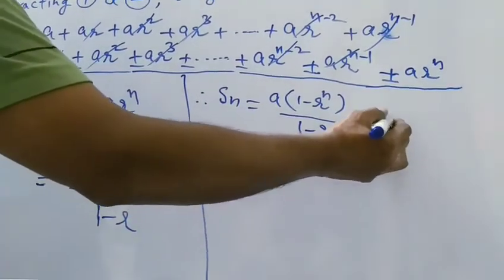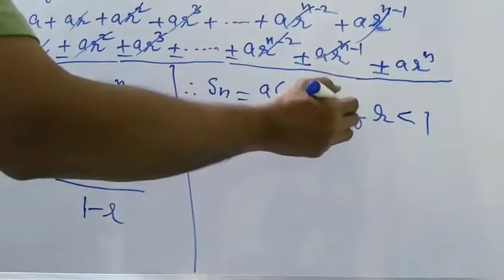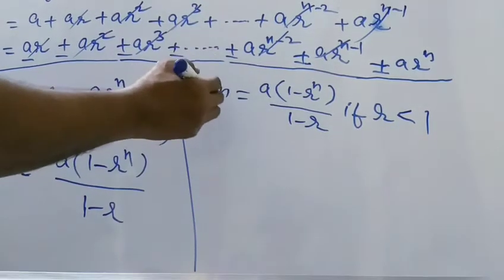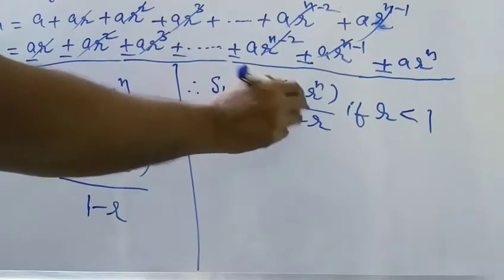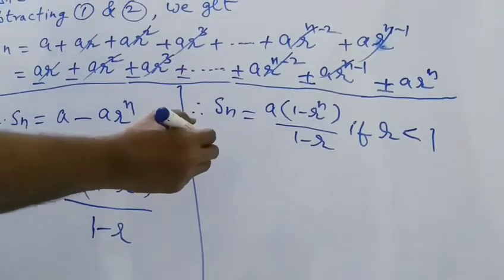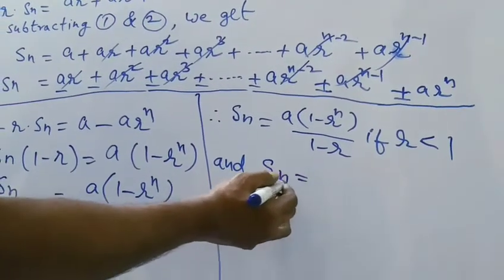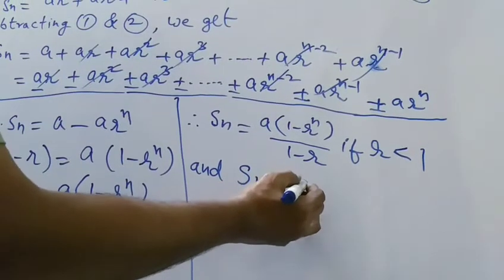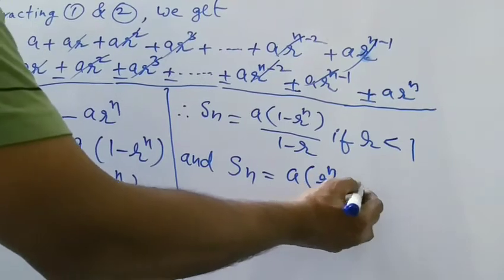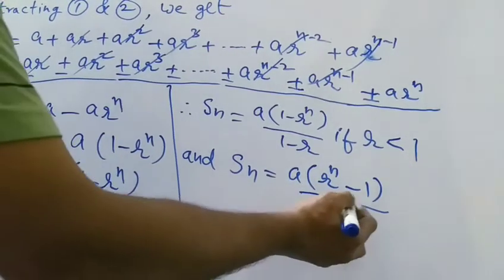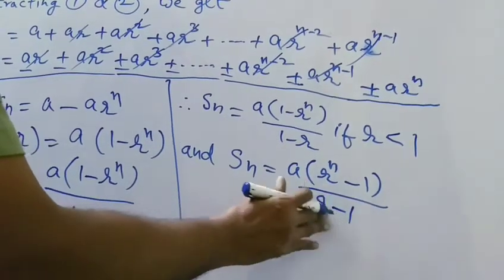If common ratio r is less than 1, the sum to n terms is a of 1 minus r to the power of n by 1 minus r. And similarly, sum to n terms is equal to a of r to the power of n minus 1 by r minus 1.